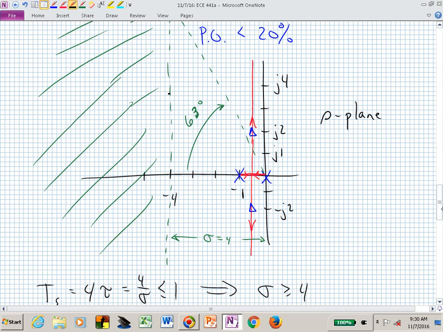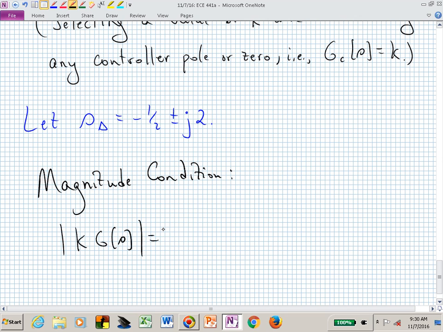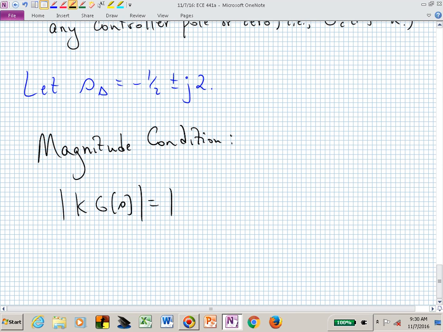We can now actually use one of the conditions that we've been playing with, and that's the magnitude condition and the phase condition. We can use the magnitude condition to find K. And that says if we're living on the root locus, the magnitude of KG of s is equal to 1, because we know the denominator is governed by 1 plus KG of s equal to 0.